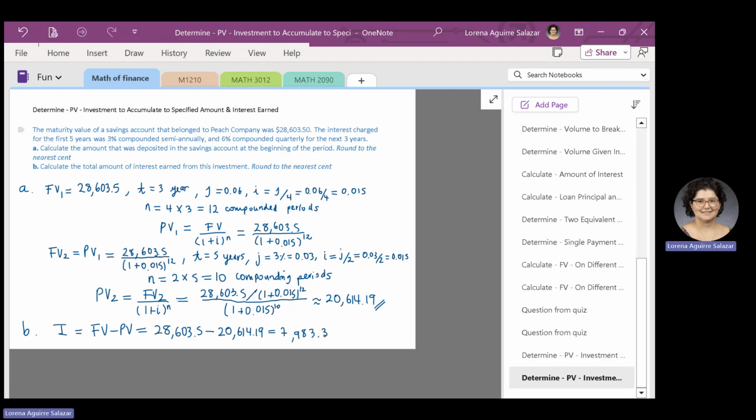So that's the interest earned from the investment of $20,614.19, where the interest charged for the first 5 years was 3% compounded semi-annually and then 6% compounded quarterly for the next 3 years.